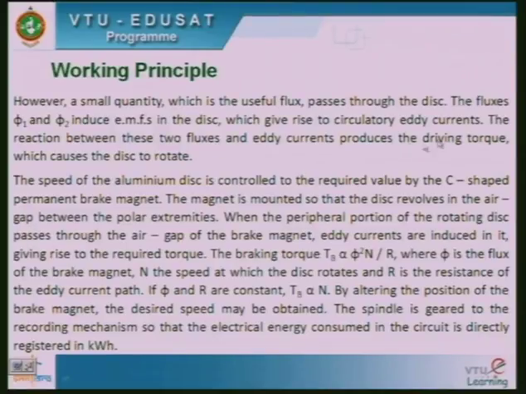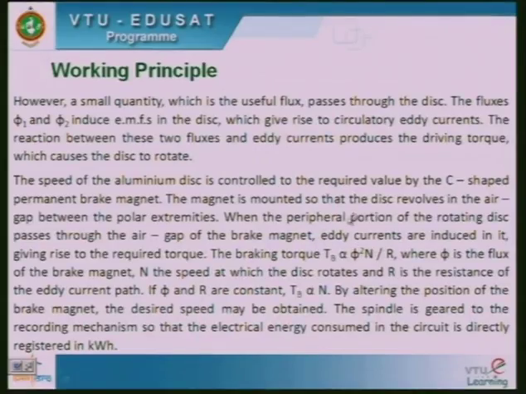This driving torque has to be controlled by the braking torque. That's why you use the brake magnet. The braking magnet is used to control the speed of the disc. Here TB is directly proportional to phi squared N divided by R, where phi is the flux of the brake magnet, N is the speed at which the disc rotates, and R is the resistance of the eddy current path.